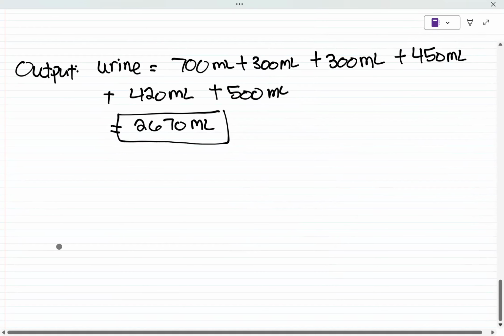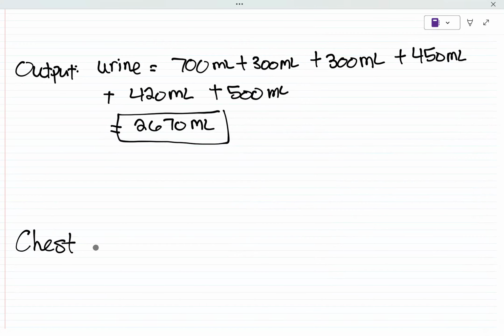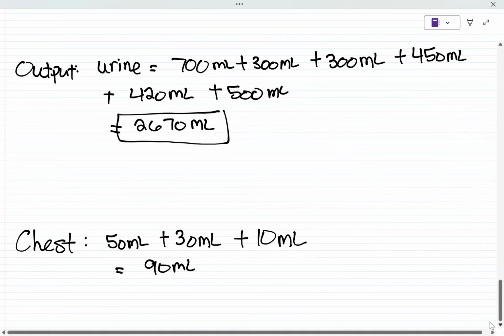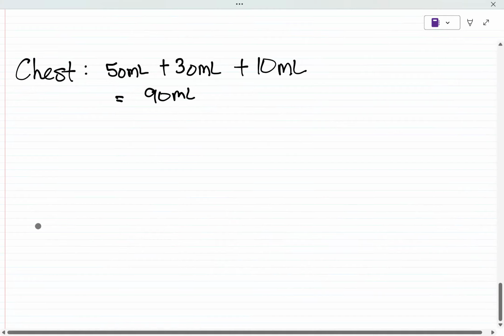Okay. Now what about the chest output? One was 50 milliliters plus 30 milliliters plus 10 milliliters, and if you add them up, that is 90 milliliters. And then finally the wound. So this is all under output.